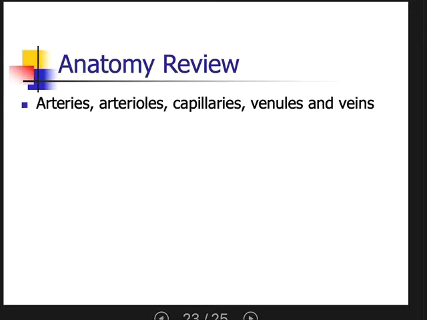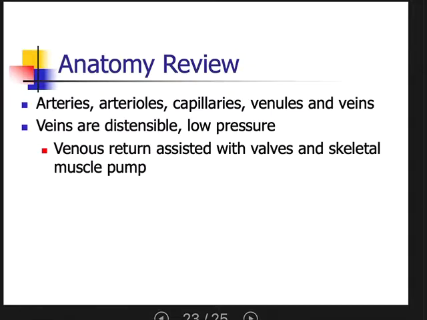Okay, so anatomy, right? You have your arteries, arterioles, capillaries, venules, and veins. Veins are flexible, distensible, and they are at a low pressure. We do not have a heart for the veins. We only have a heart for the arteries, right? About 60% of your blood will be in your veins and only 40% will be in your arteries.